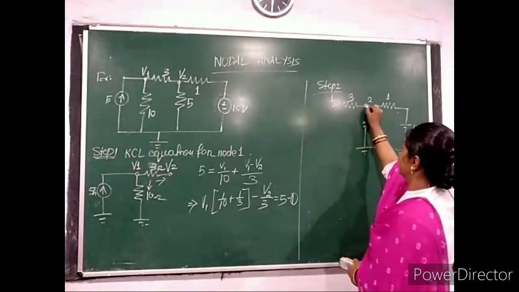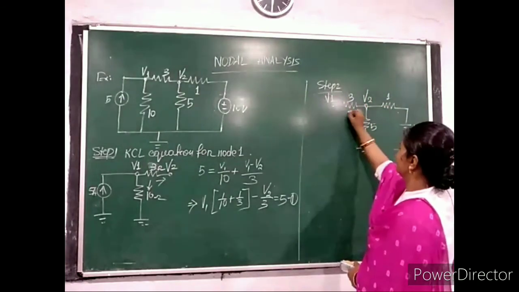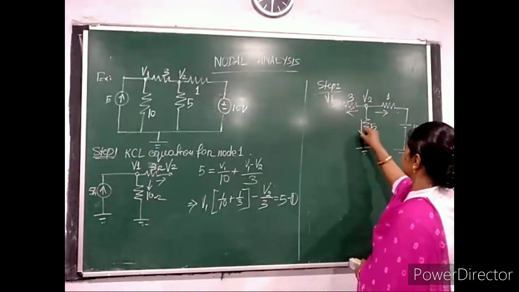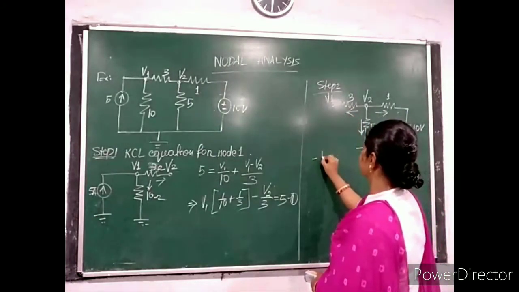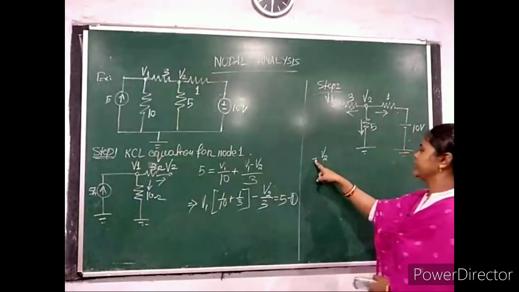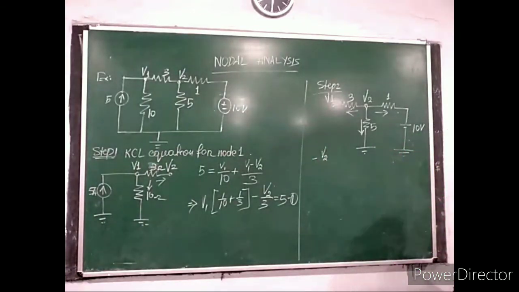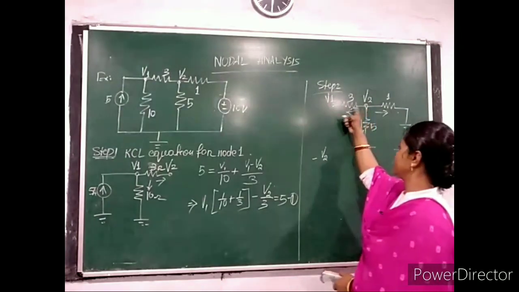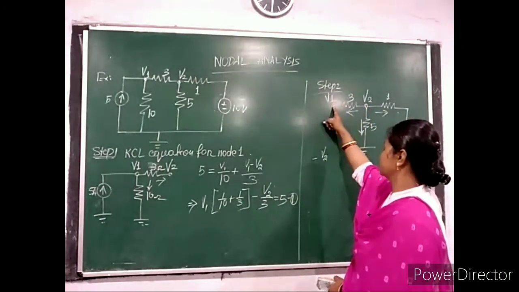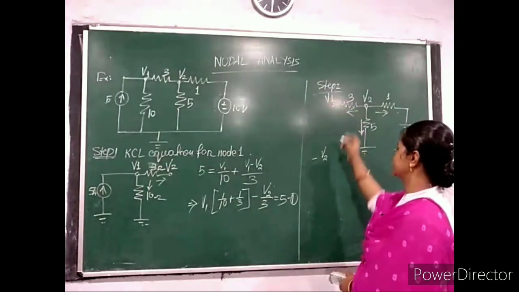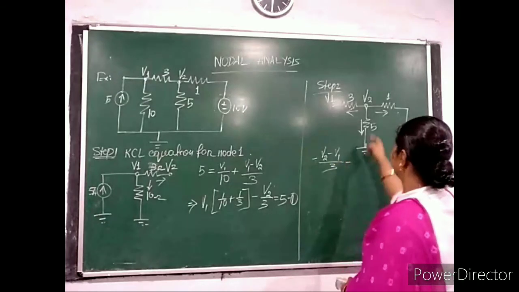Now write the KCL equation. Here I assume V2 as the source node, so all the currents are outgoing. Through 3 ohm the current is, with a negative sign because outgoing currents are assumed negative, the potential difference across the 3 ohm resistor divided by its resistance, (V2 minus V1) by 3.